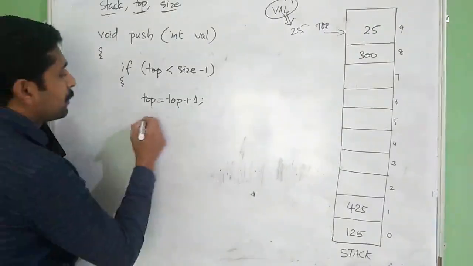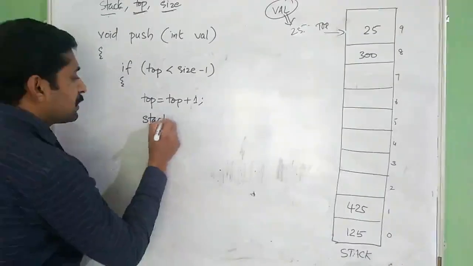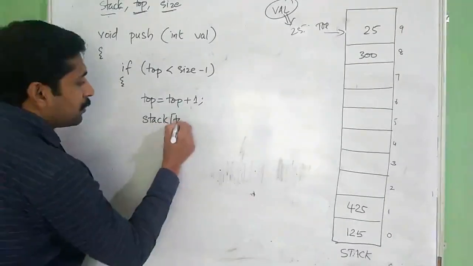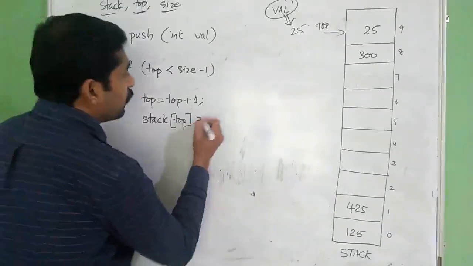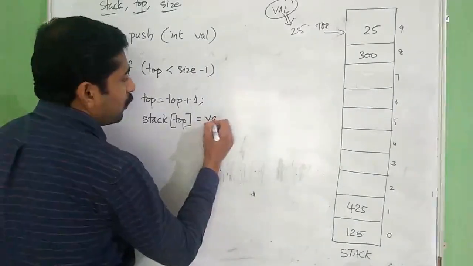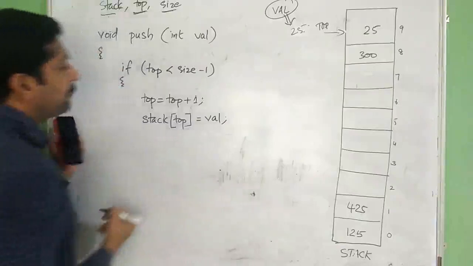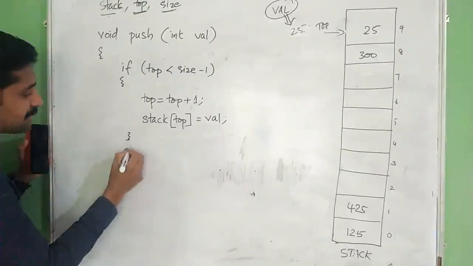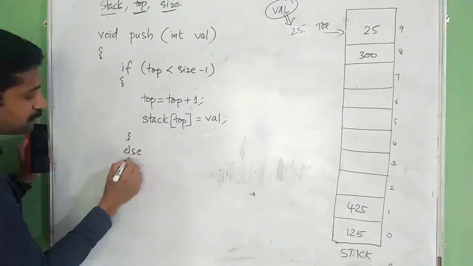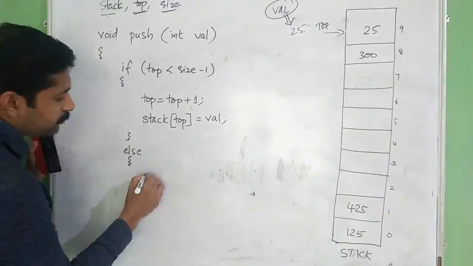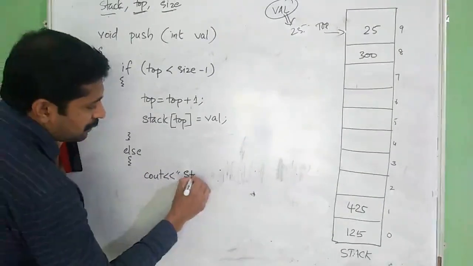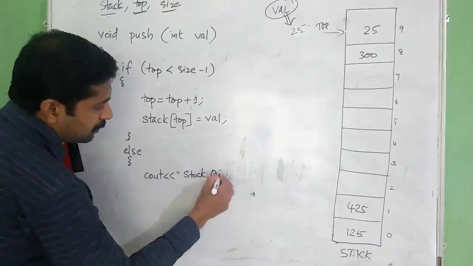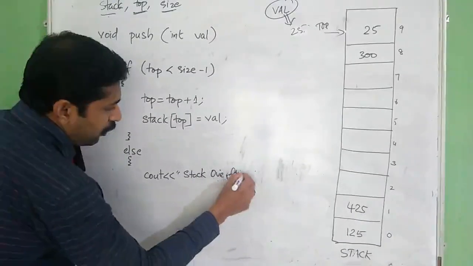Then stack of top equal to val. Else, if that condition is false, we have to give a message: cout stack overflow.